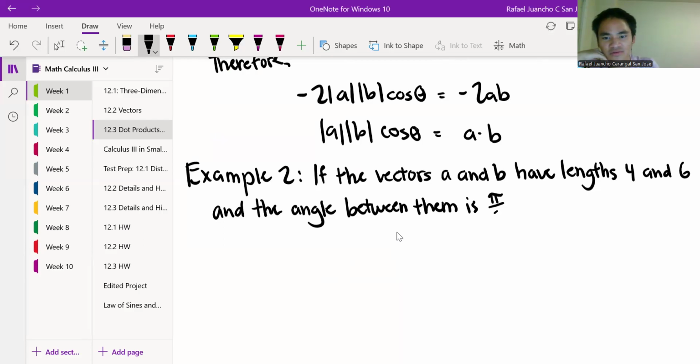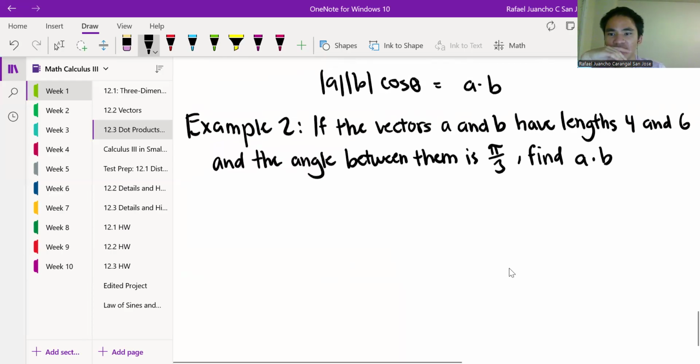Well, it's pi over three. Let's find A times B, right?